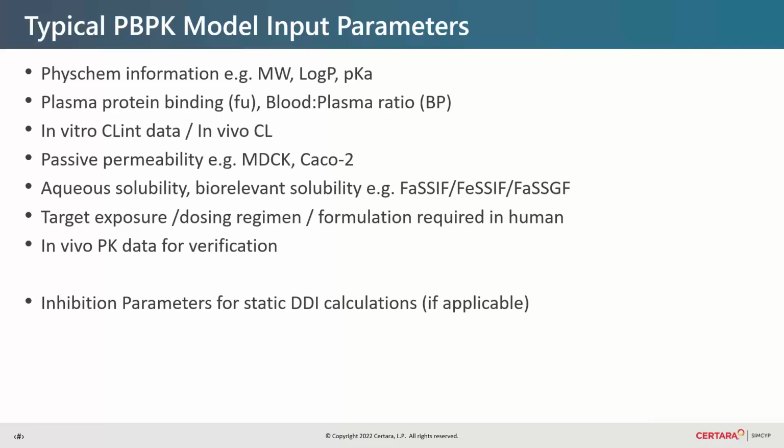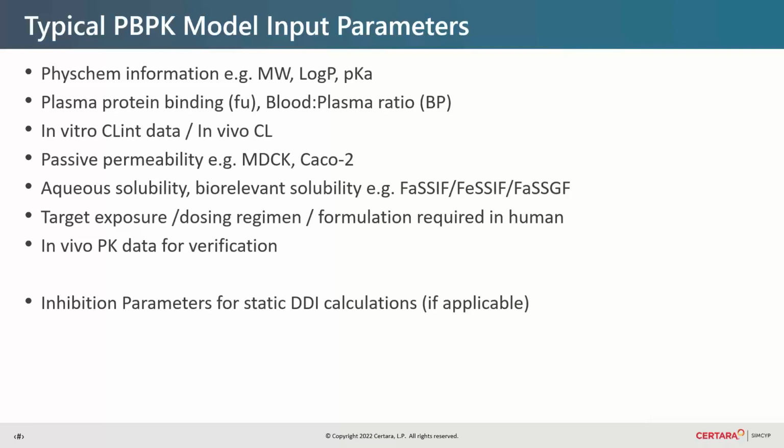We need some in vitro intrinsic clearance data, so metabolism data, and I'll talk about that a little bit more in a few slides' time. We need an estimate of passive permeability, which can come from in vitro systems like MDCK or CACO. It can also come from physicochemical properties.